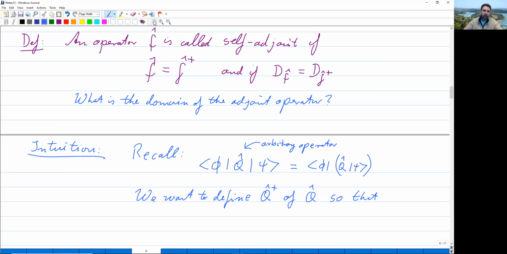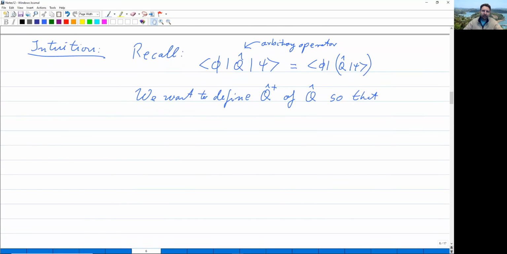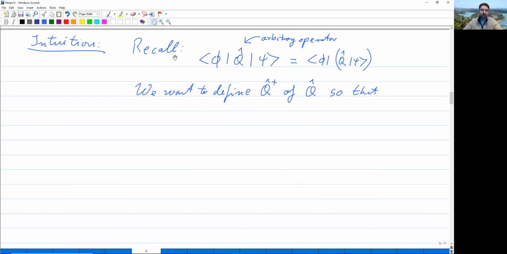So the adjoint of q, we define to be that operator which accomplishes that. So instead of acting with q to the right, q hat dagger is defined to act to the left such that the same inner product comes out.